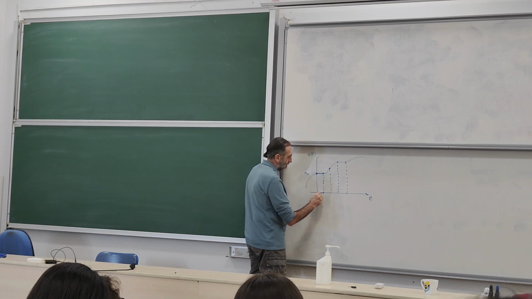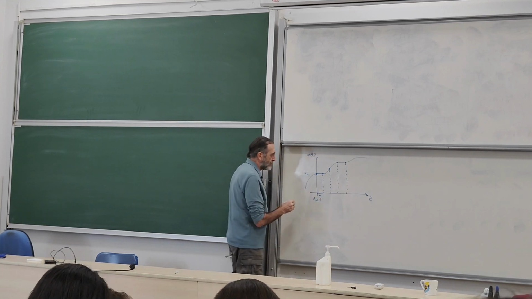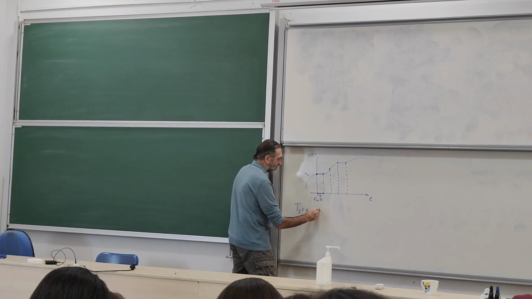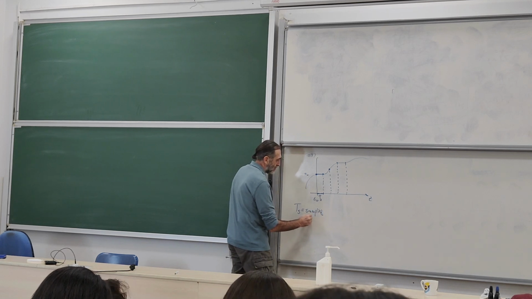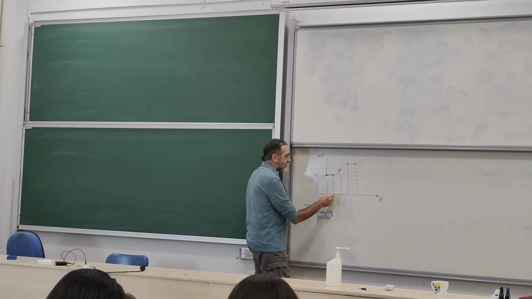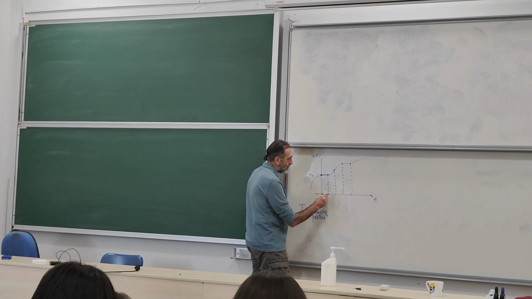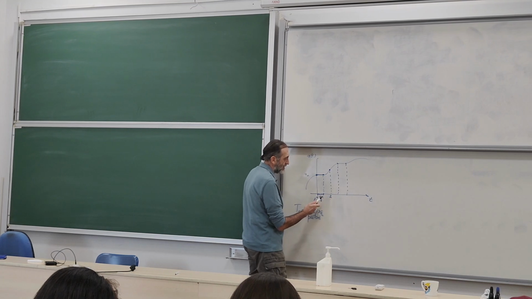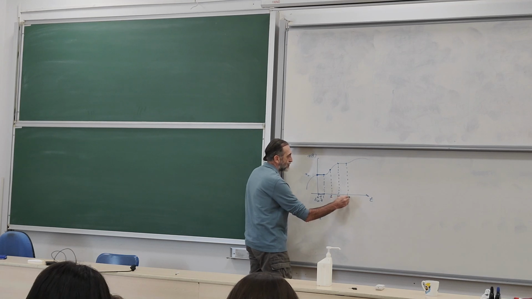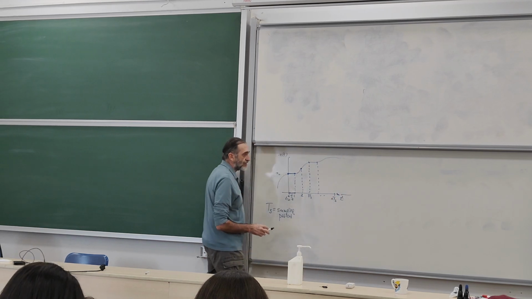Let's call this Ts, the sampling period, until the next sampling period, which is going to be 0 Ts, 1 Ts, 2 Ts, the intervals are equal, 3 Ts, and so on, all the way to n Ts, going to infinity.